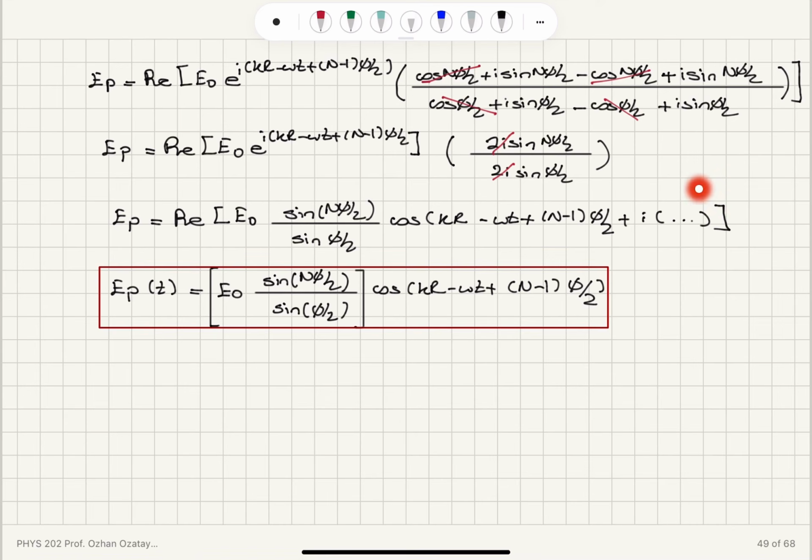If I take the real part of this answer, so here this is the real part of the whole thing. The real part of this is basically, if you open up the exponential here, the cosine term plus i sine term, that's the cosine term. So E0 sine N phi over 2 over sine phi over 2 is the amplitude of this cosine function.